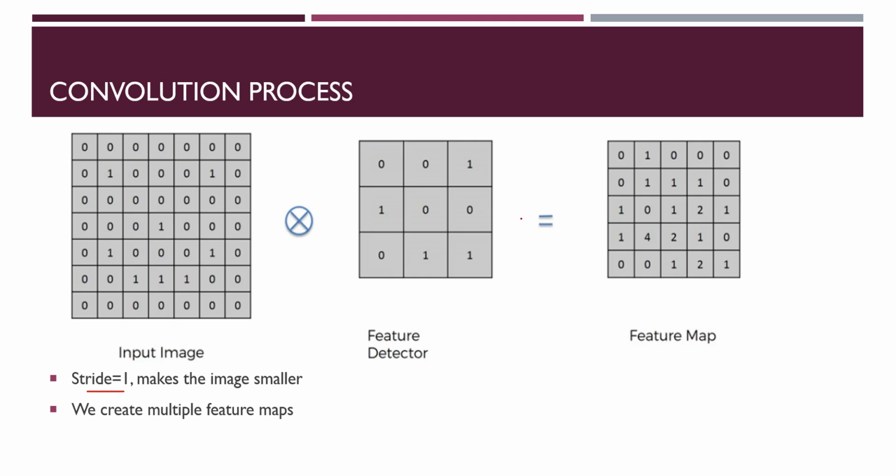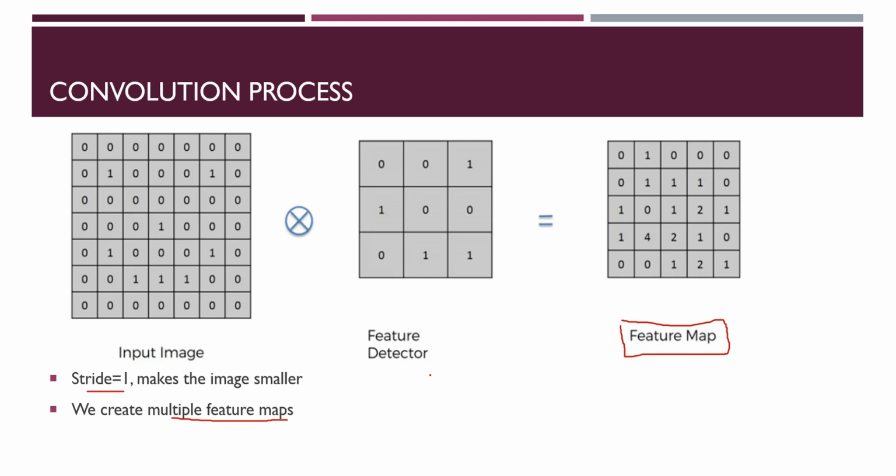The output of this is nothing but a feature map. So now you are with your feature map. In a convolutional neural network, we create multiple feature maps, which we'll see shortly. So instead of a single feature detector, you have multiple such feature detectors present at each layer of the network.